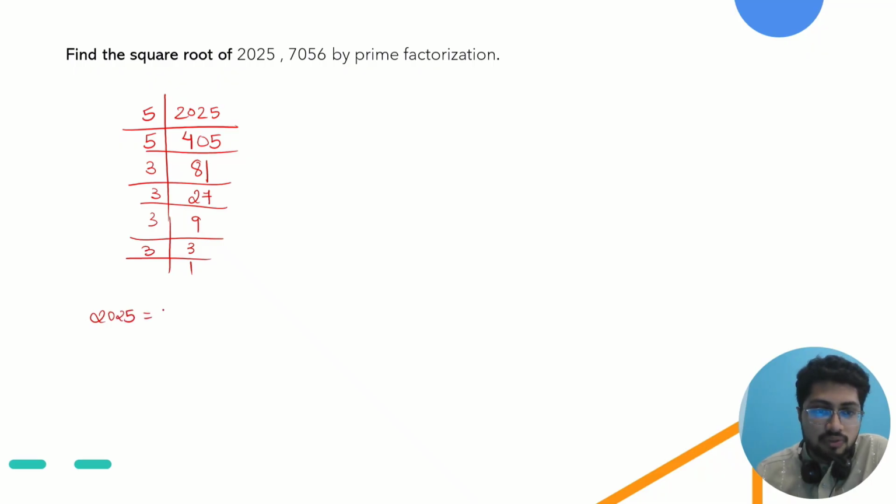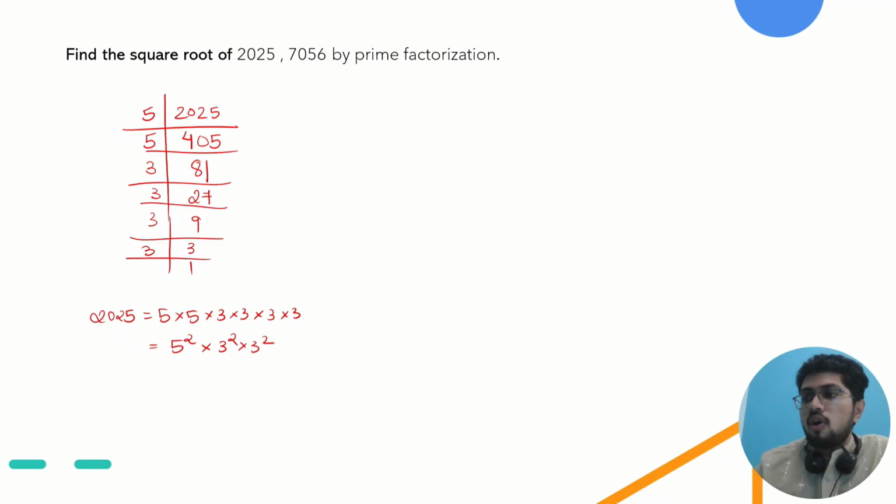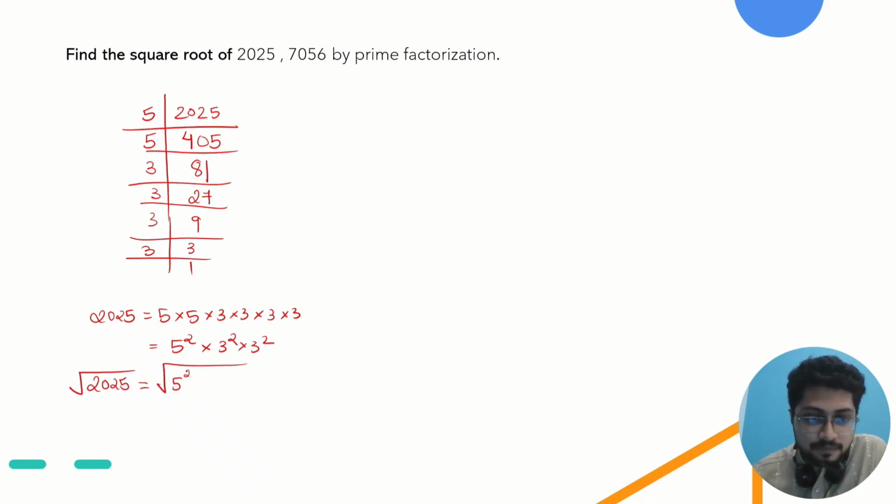So now what is the factor of 2025? 5 into 5 into 3 into 3 into 3 into 3. How can I write this thing? 5 square, 3 square and 3 square. What I have done, I have made a group of 2 2 2. Okay, 5 square, 3 square, 3 square. So now you can write very clearly. See, both sides square root you need to do. Clear?